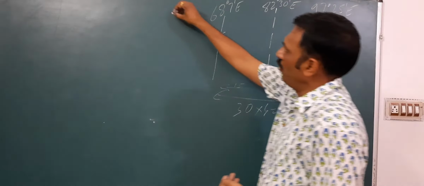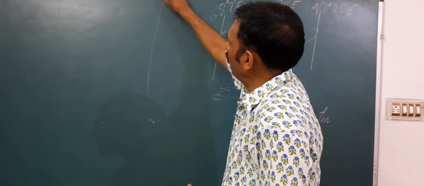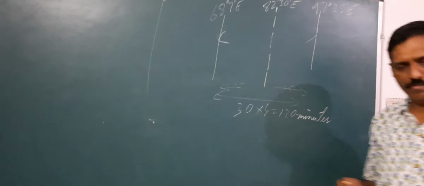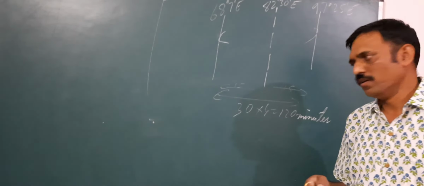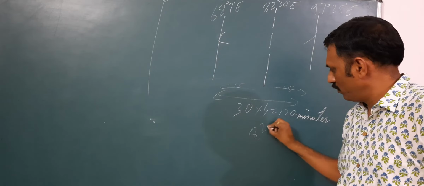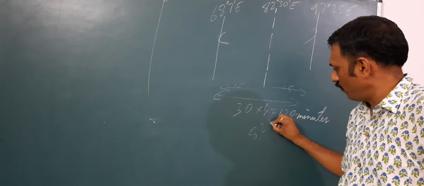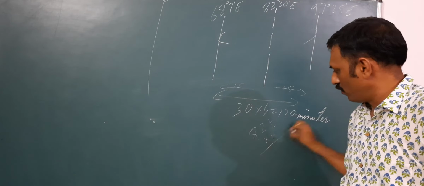We are around 0 degree if we see, more than a 5 hour difference is there. You can calculate 82 and a half into 4.